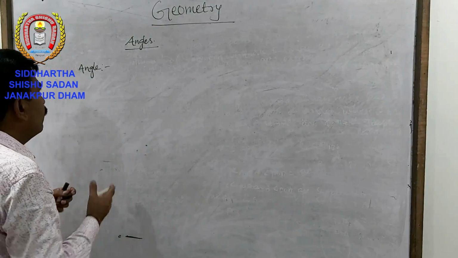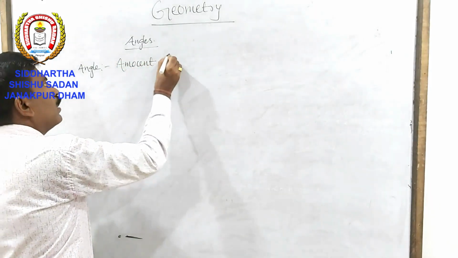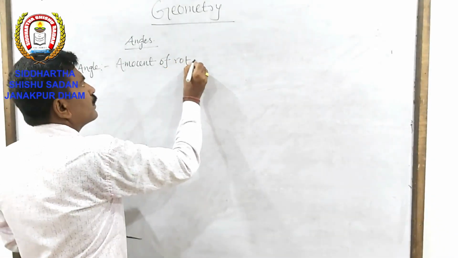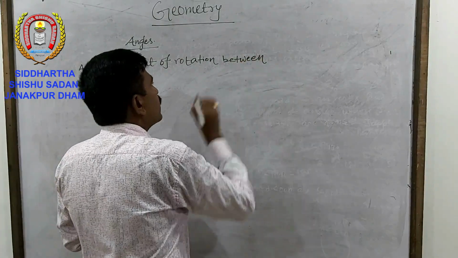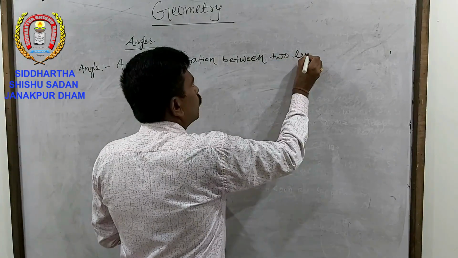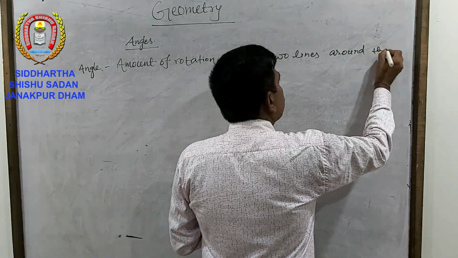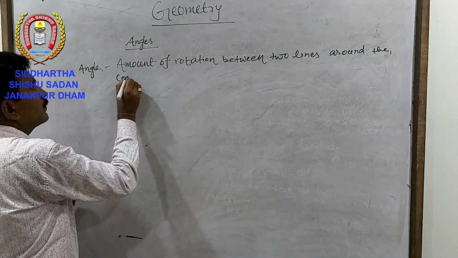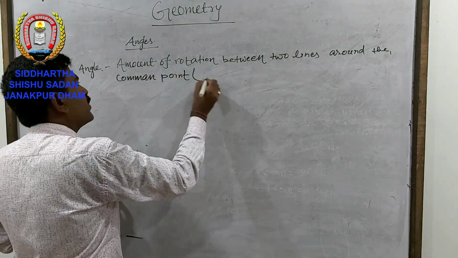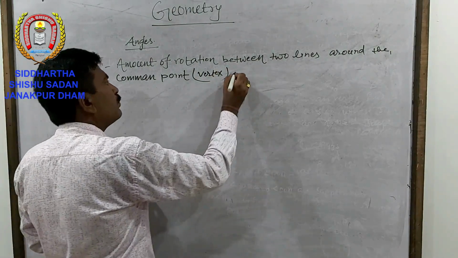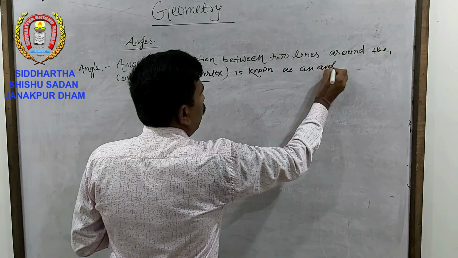So, to write the definition of the angle: amount of rotation between two lines around the common point, or we can say vertex, is known as an angle.